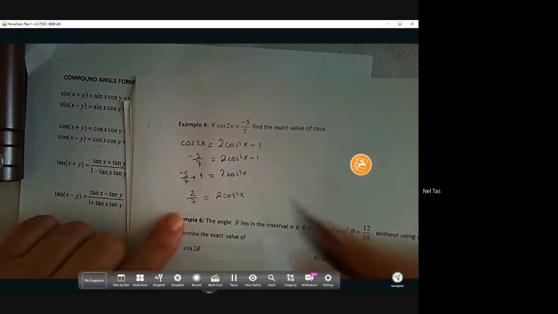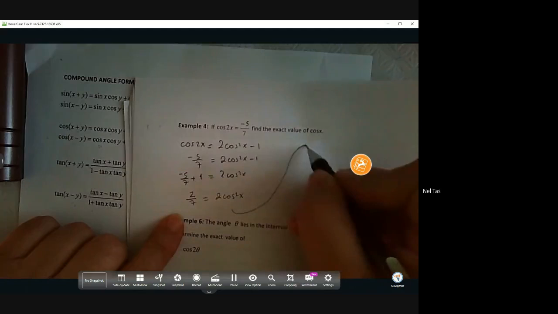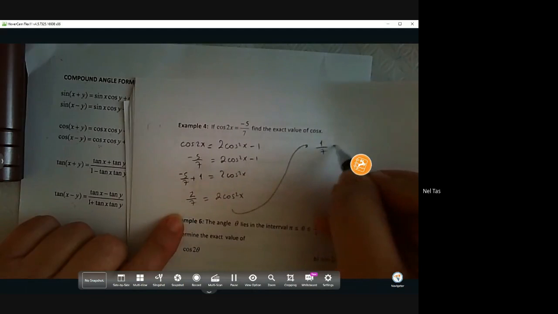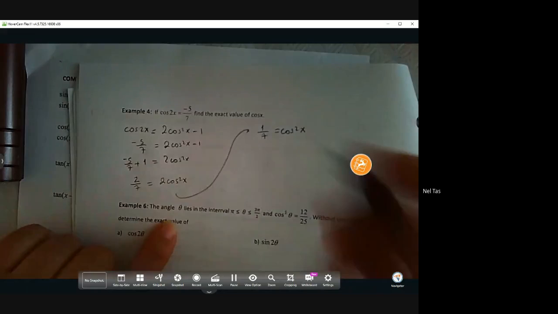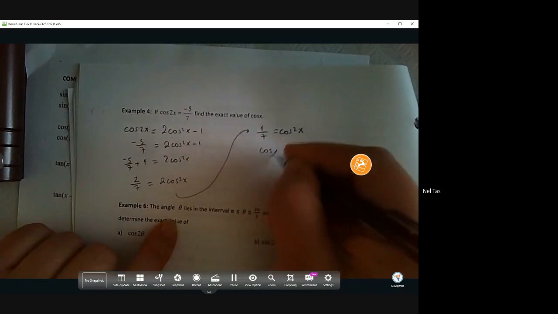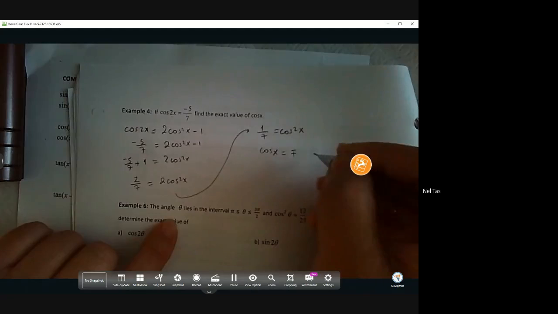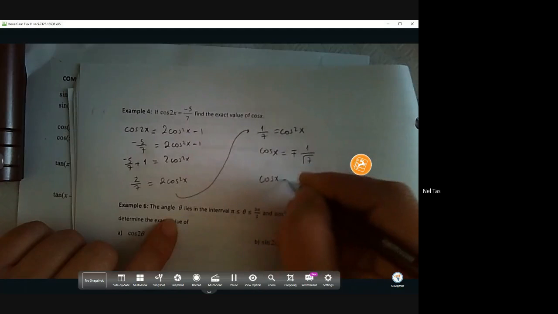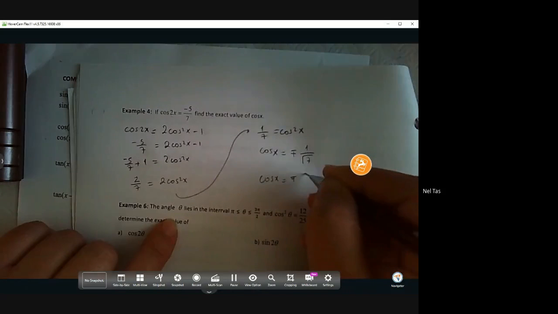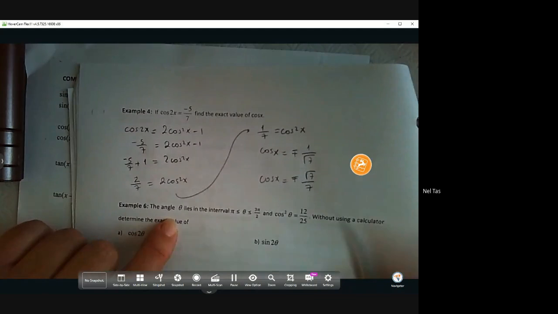Divide both sides by 2. You get 1 over 7 equals cos squared x. Then we take the square root of both sides. That gives us plus and minus the square root of 1 over 7, or 1 over root 7. If you rationalize the denominator, plus and minus root 7 over 7 is the answer.